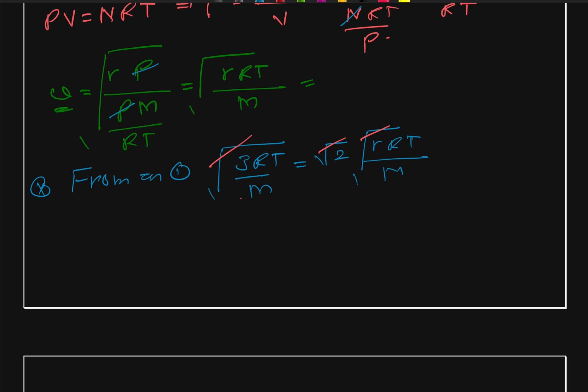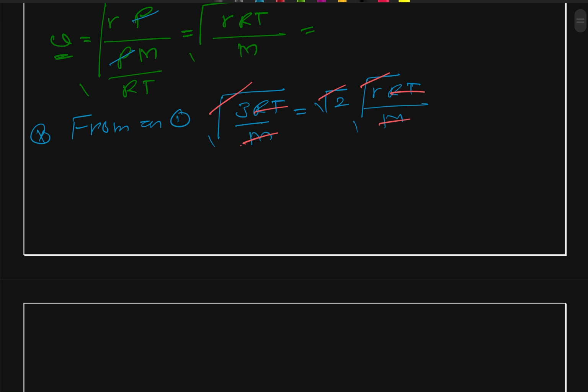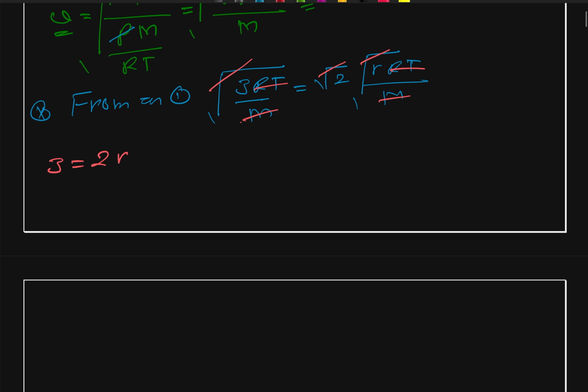Accordingly, this M and RT also go away. So we are left with 3 is equal to 2 times gamma. Therefore, from here we get gamma is equal to 3 by 2, or we can say that is equal to 1.5.